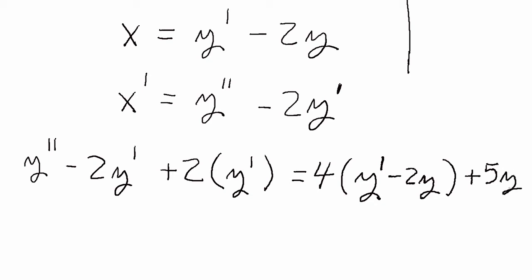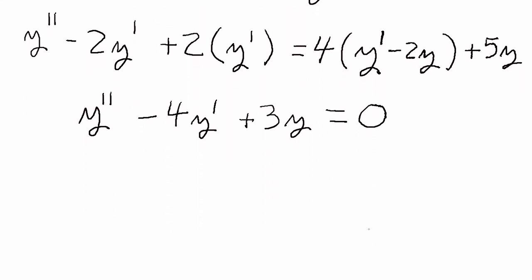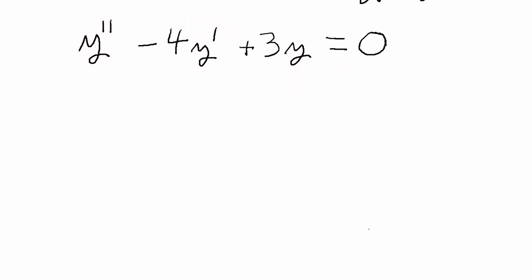Now if you simplify this equation or solve for 0, we get our friend here: y double prime minus 4y prime plus 3y is equal to 0. Now we use our techniques that we've learned.